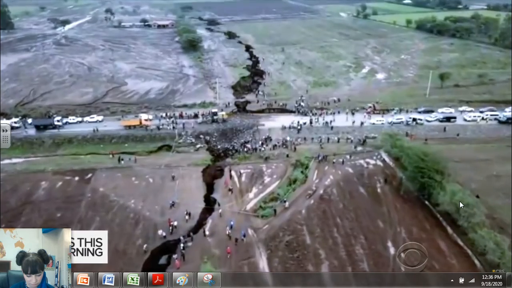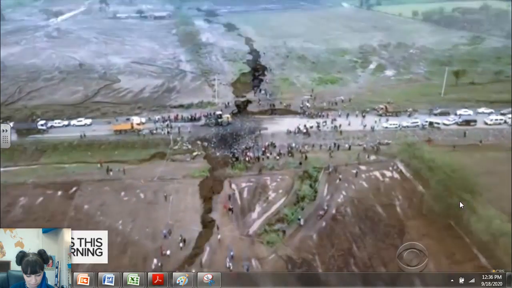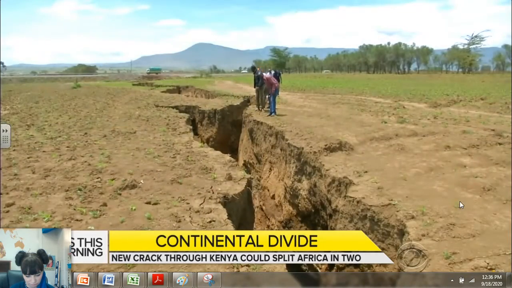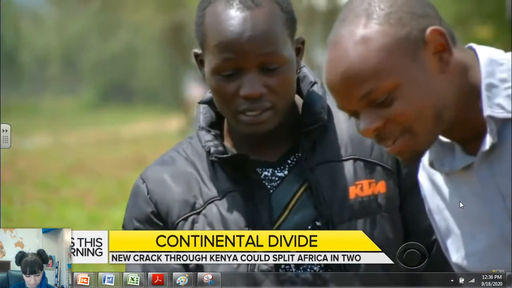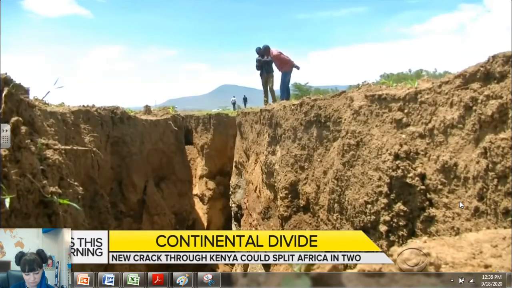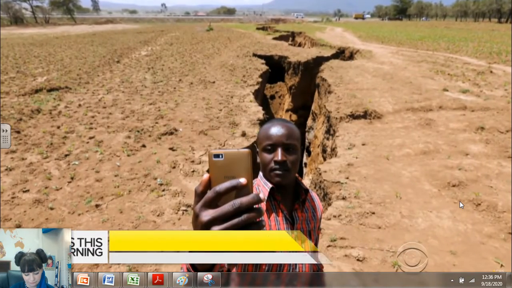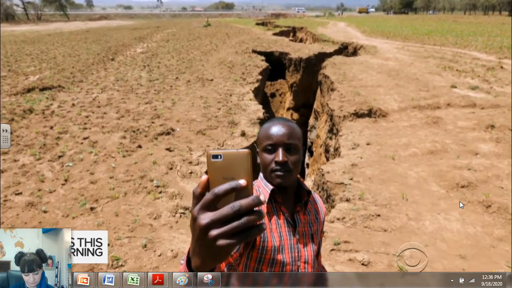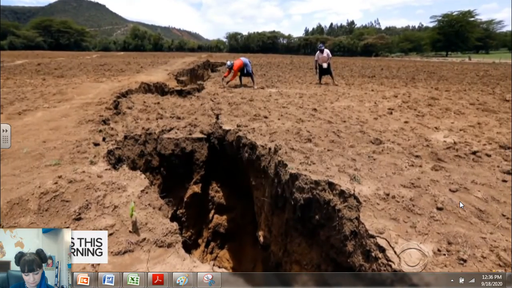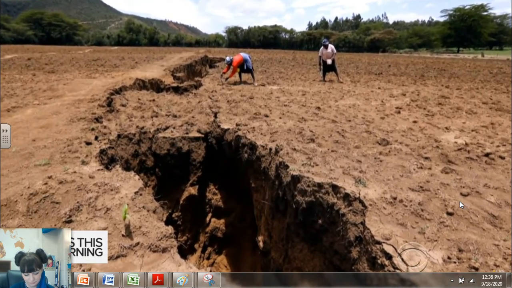He lives in Mai Mahiu, part of the Great Rift Valley in Kenya, a region that has already provided a treasure trove of some of the most important archaeological finds in history. And this latest discovery is so significant, scientists predict it will be the fault line along which history is made once again as Africa splits into 2 continents.